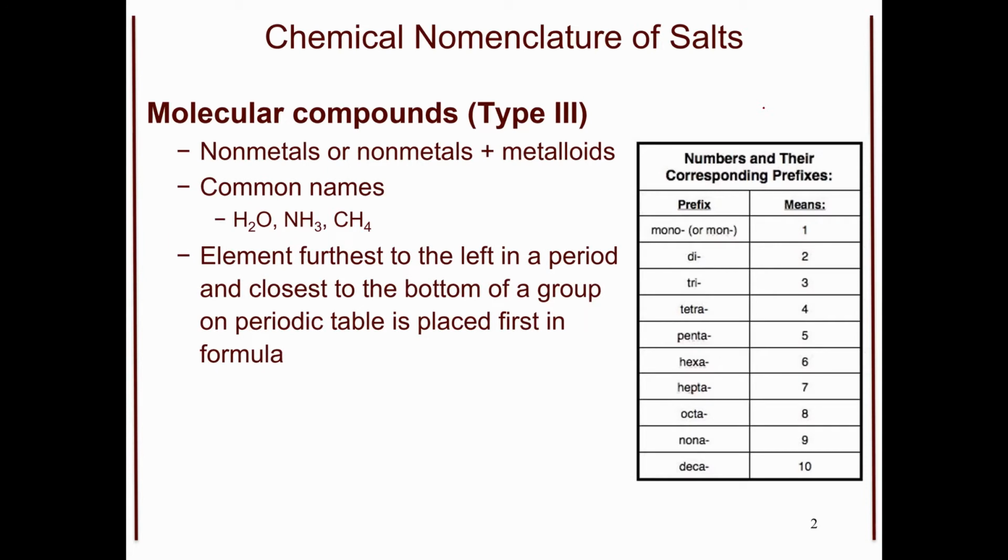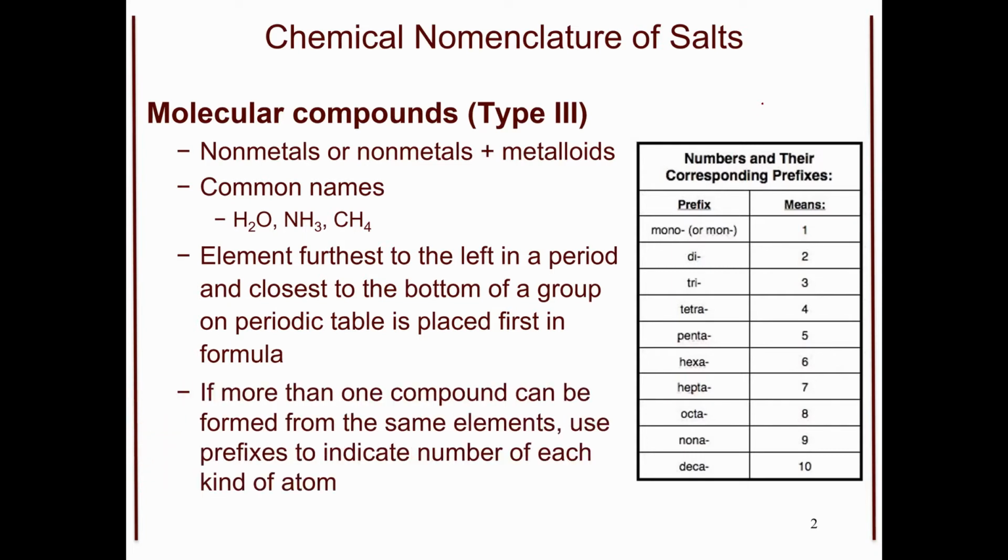However, if we are going to go systematically, we take the element that is furthest to the left in a period, remember that is your horizontal row, and closest to the bottom of a group, so further down the periodic table, and we place that first in the formula. Historically, we can also call that the most electropositive.